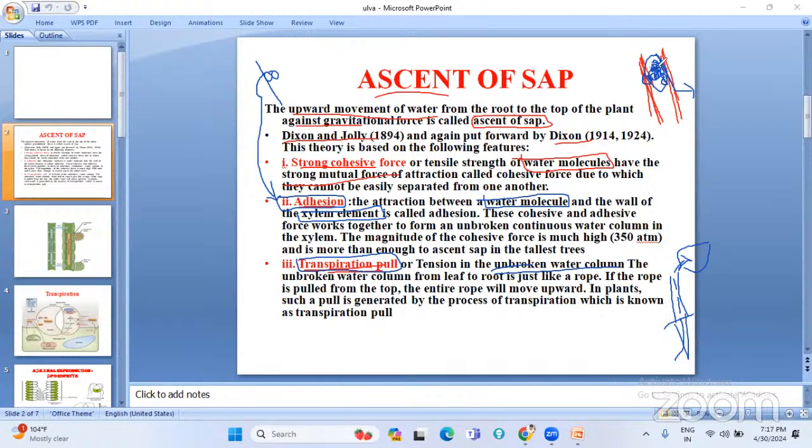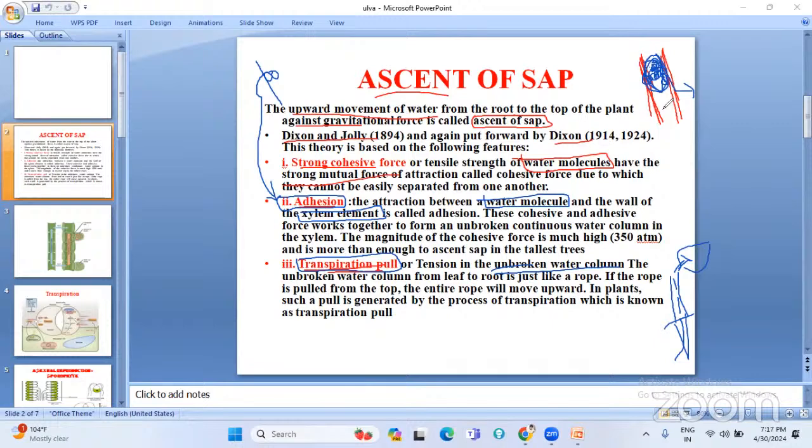Water molecules cannot separate, water molecule and wall layer cannot separate, and as a result a column is formed. How does this happen? Adhesion force and strong cohesive force. Both together, the property of strong cohesive force and adhesive force, form the water column.